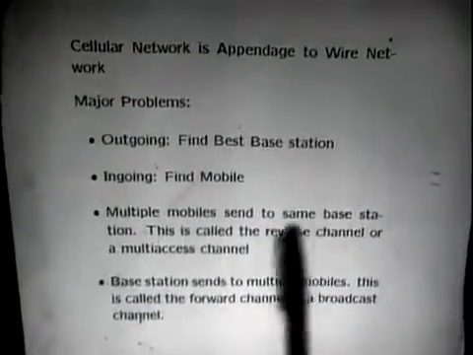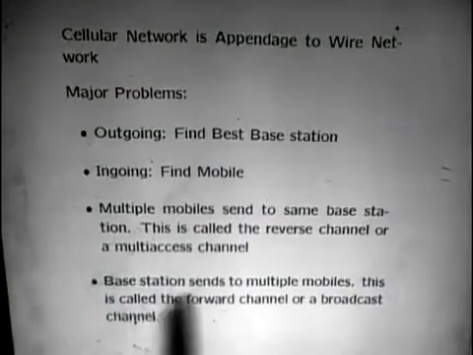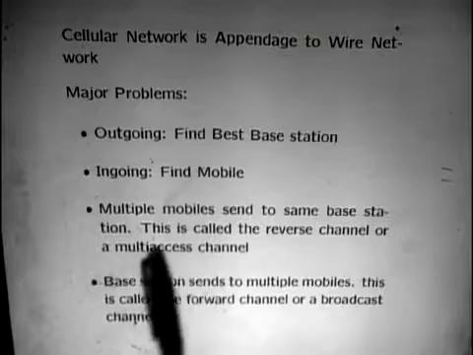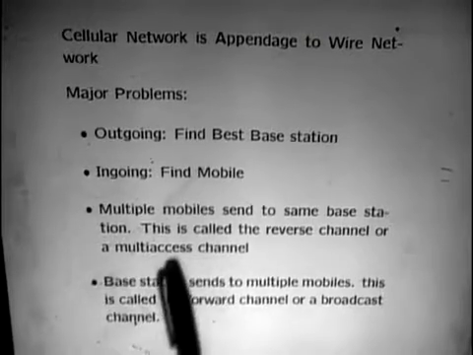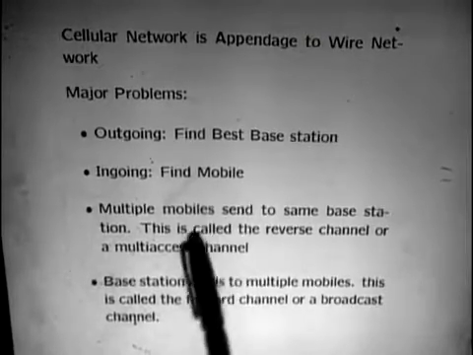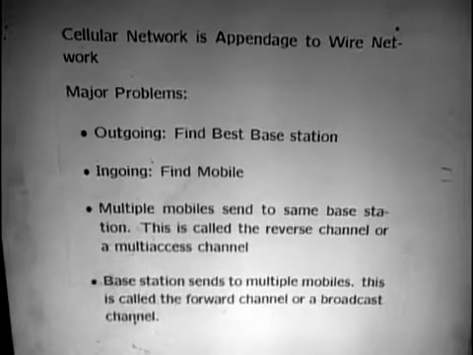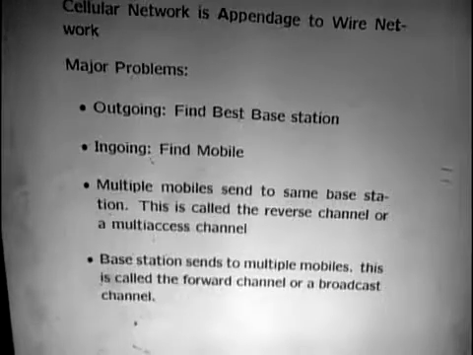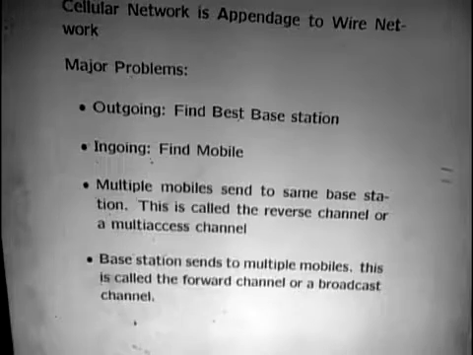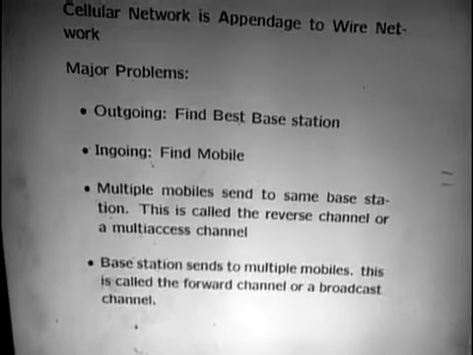Okay, when you have these multiple mobiles which are sending to the same base station, people who are working on the practical side of mobile communication call this the reverse channel. Why they call this the reverse channel and the other one the forward channel, I don't know. The forward channel goes from the base station to the mobiles.